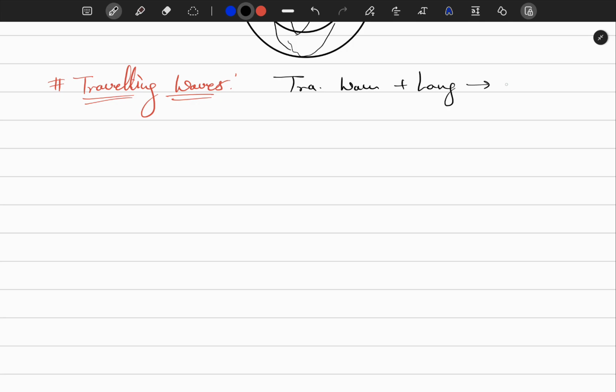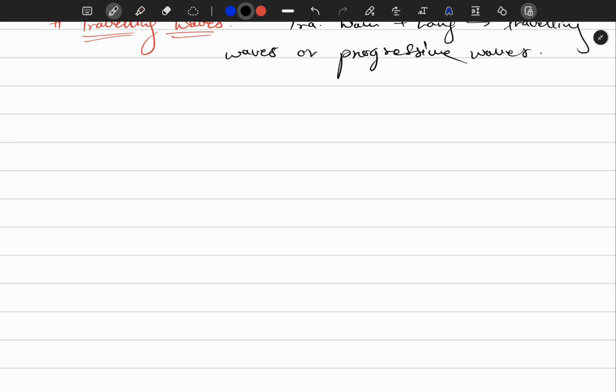So now let us discuss traveling waves. Both the transverse waves and the longitudinal waves are called traveling waves, or also called progressive waves, because they both travel from one point to another point.